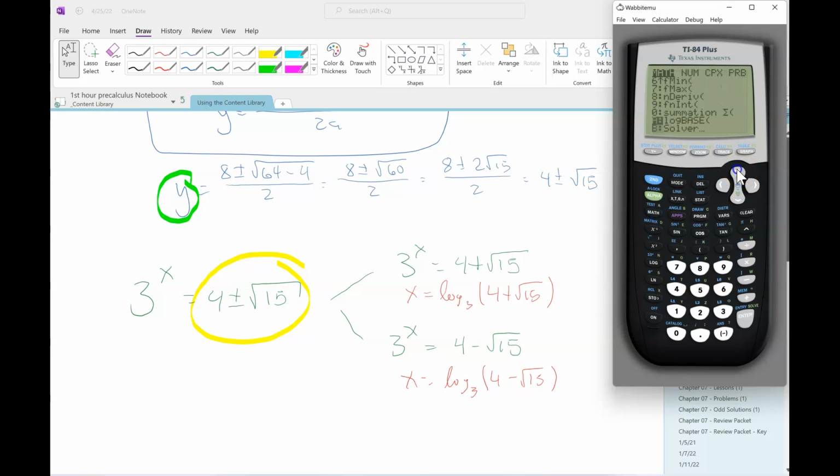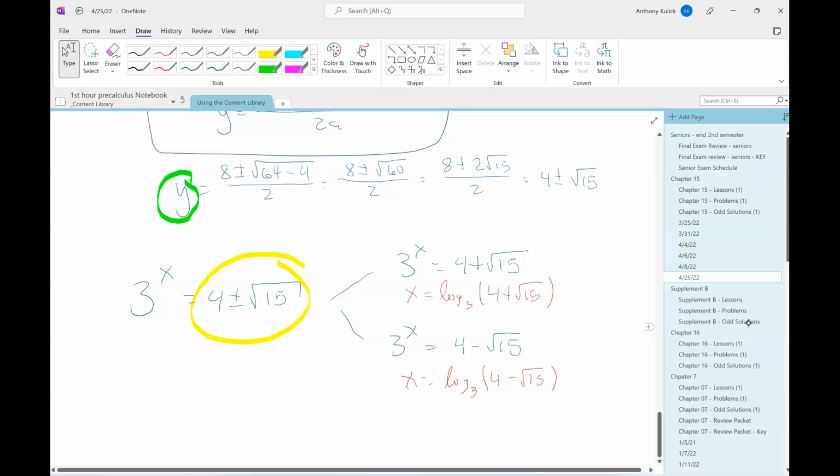So I'll do math, log base 3, 4 plus square root 15. So that's 188-ish. And then I'll just recall that and make it a negative. And I got negative 188-ish.